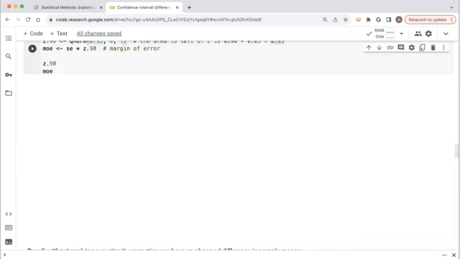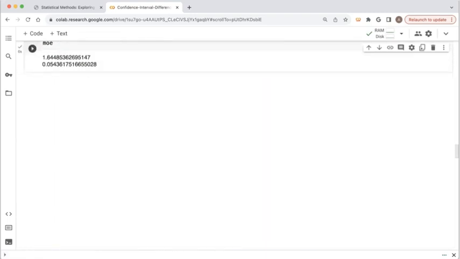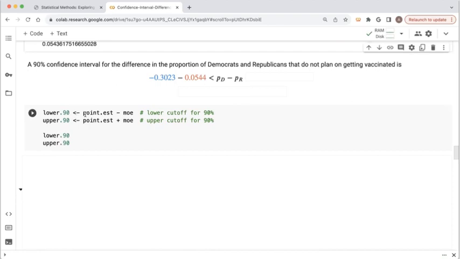And so now that we've got our point estimate and we've got our margin of error, I forgot to run this code cell over here. Then we're able to go ahead and calculate a 90% confidence interval for the difference in the proportion of Democrats and Republicans that do not plan on getting vaccinated. For the lower estimate, we take the point estimate and subtract the margin of error, and that gives us a lower cutoff of approximately minus 0.3567.